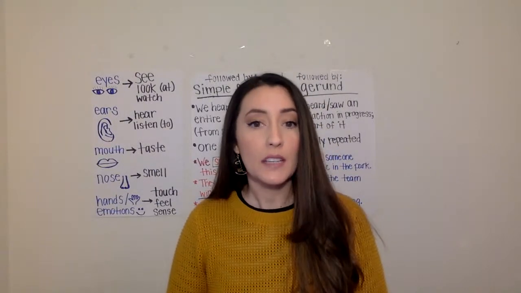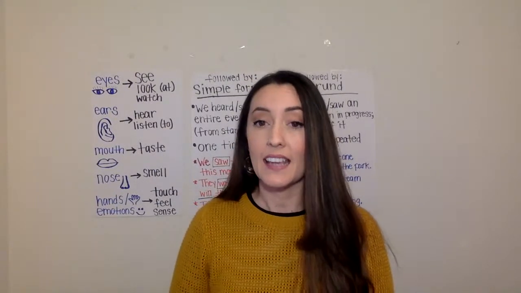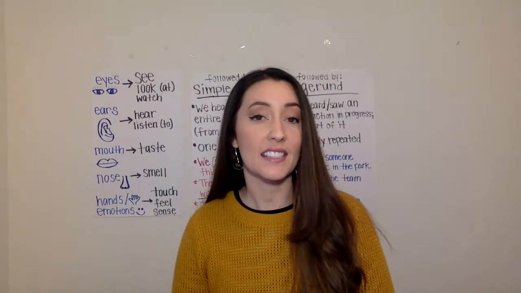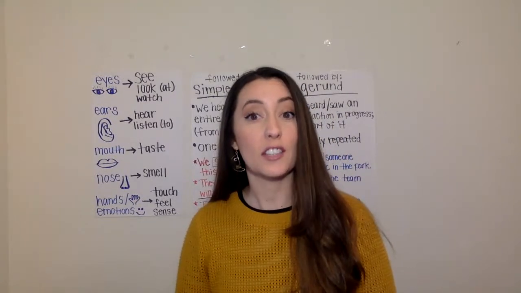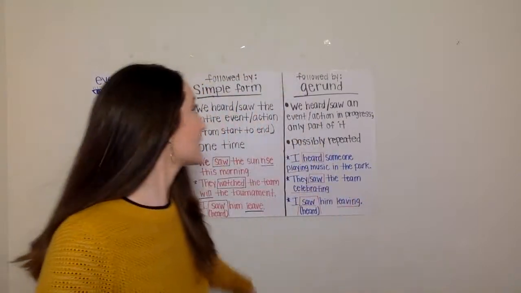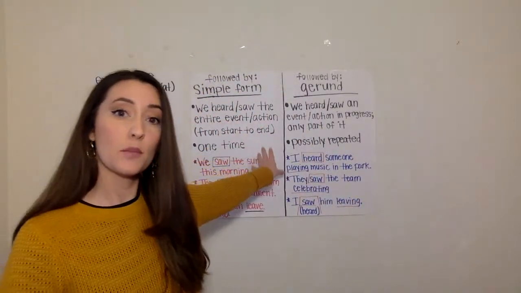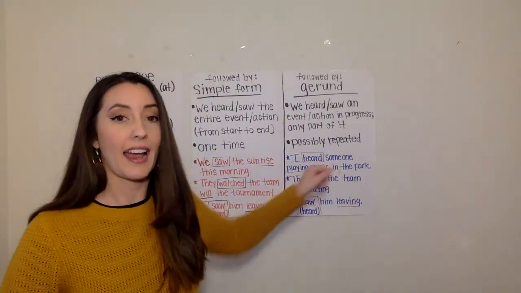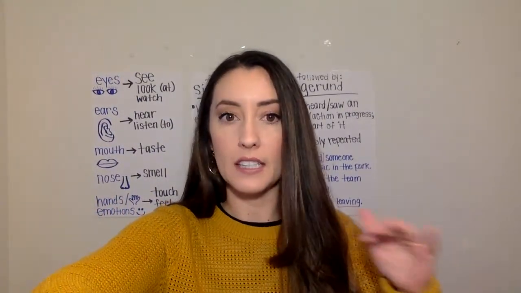So these verbs can be used in different ways and have certain grammatical conditions attached to them, which we're going to look at today. So we're going to look at when they're followed by the simple form and when they're followed by a gerund, okay? Simple form just means the infinitive, the base verb without to, and gerund is when it ends in ing.